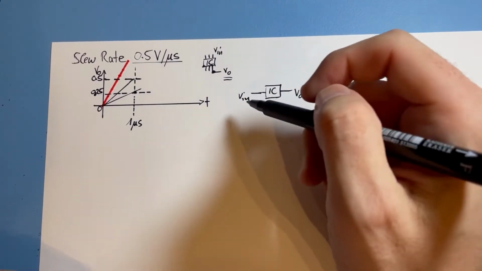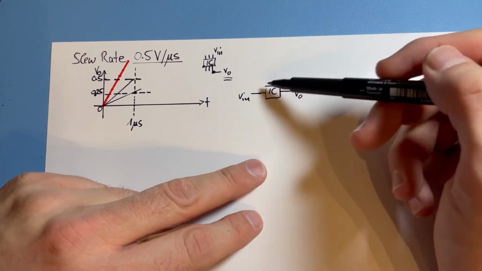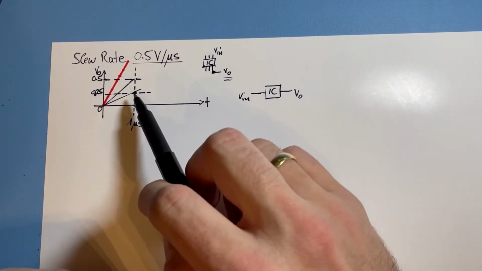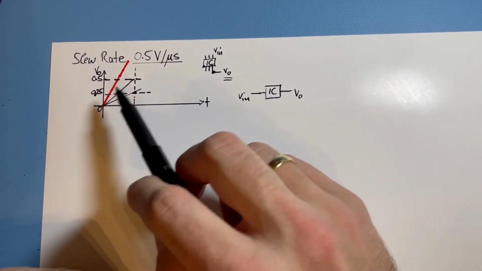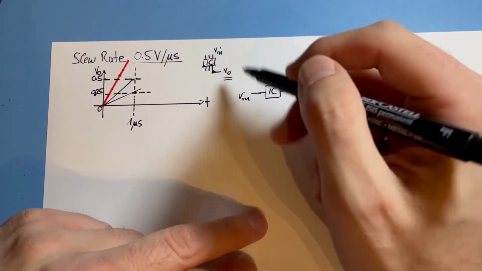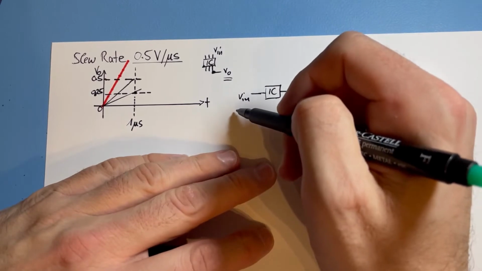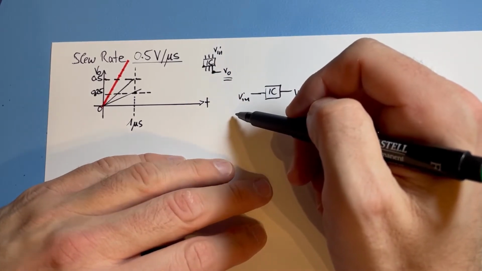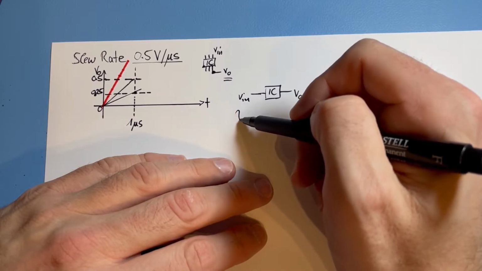And oftentimes what goes into this IC is not a linear or constant voltage, rising, falling or being constant, but kind of a frequency voltage, like so.